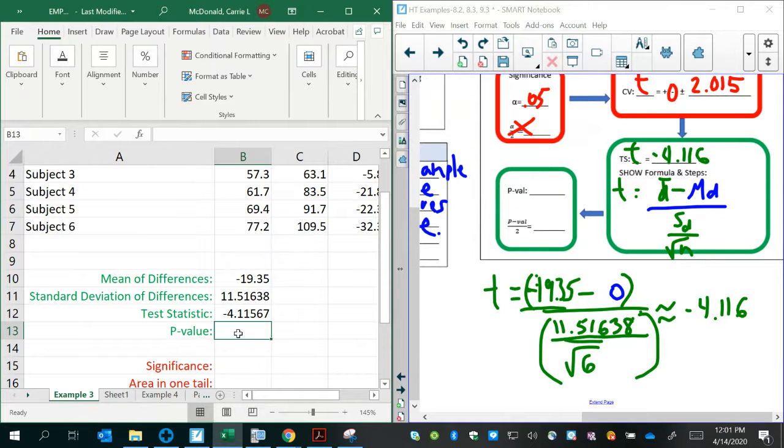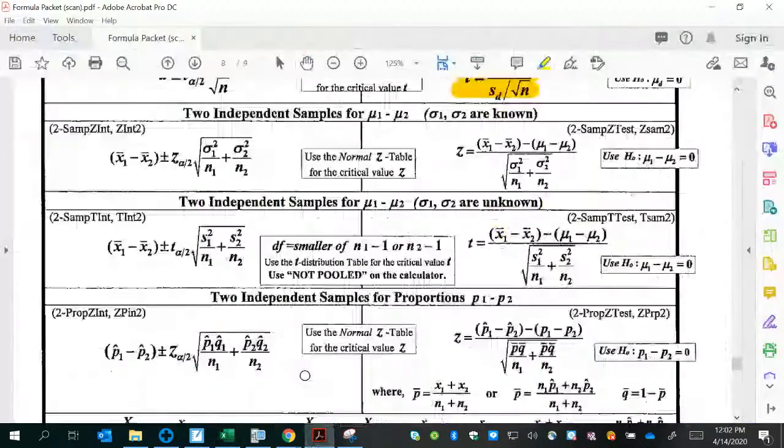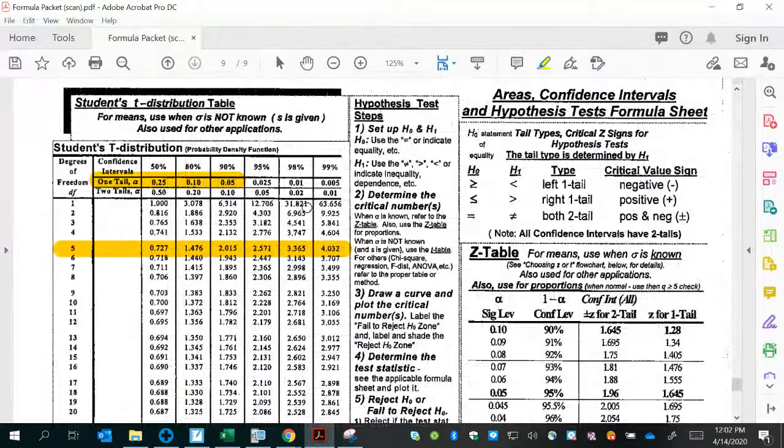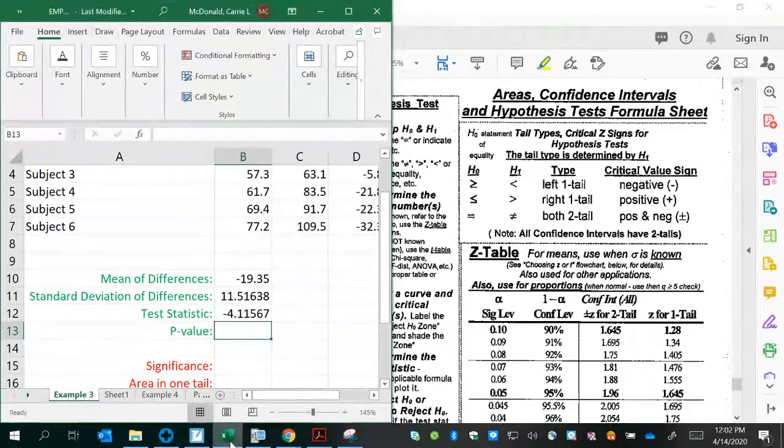All right, now the p-value. Now remember I said that areas are a little trickier to get out of the table here, the t-table. So I'll show you how to get a good approximation of the p-value from the table, but we will be using the t-distribution in Excel to get a better answer. Okay, so with 5 degrees of freedom, I have a test statistic of what? Negative 4.116.